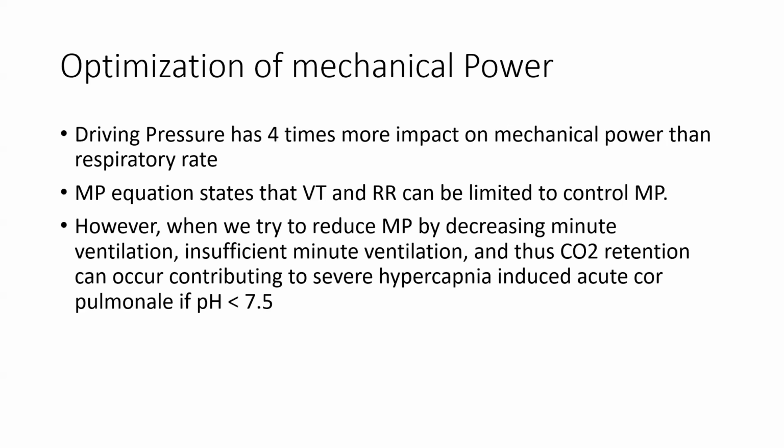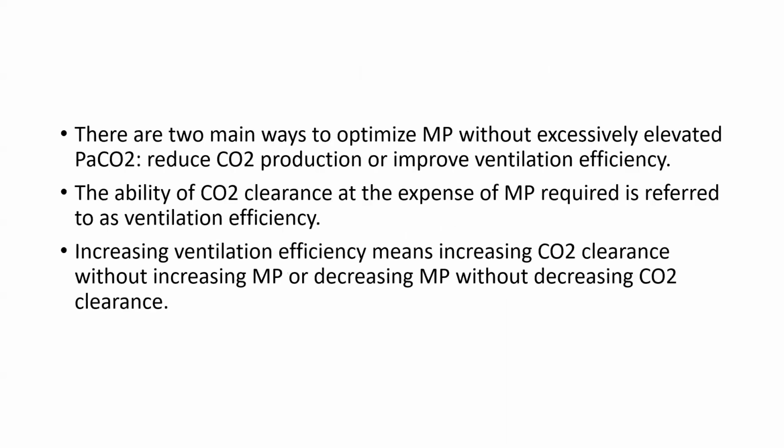Now, how do we optimize mechanical power? Driving pressure has 4 times more impact on mechanical power than the respiratory rate. The mechanical power equations state that tidal volume and RR can be limited to control mechanical power. However, if we try to reduce mechanical power by decreasing minute ventilation, insufficient minute ventilation and thus CO2 retention can occur, contributing to severe hypercapnia-induced acute cor pulmonale if pH is less than 7.25.